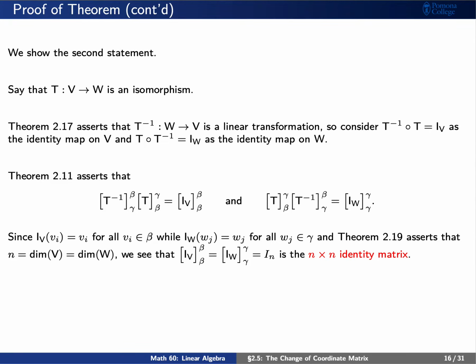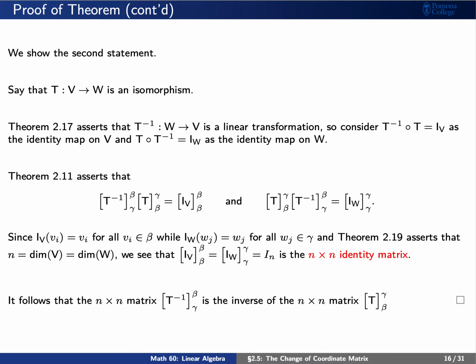But by staring at these matrices, [I] from beta to beta, we see that this is simply the n by n identity matrix. It follows then that our [T^-1] must be the inverse of our n by n matrix [T]. We'll come back later in the breakout problems to discuss a little bit more of what we mean by the identity matrix and what we mean by the inverse of a matrix.